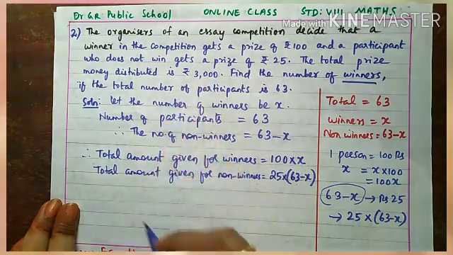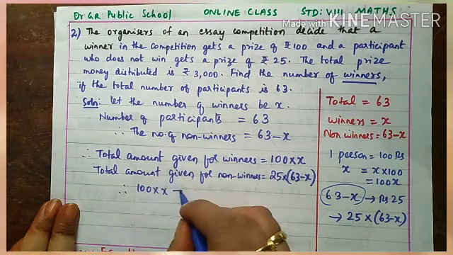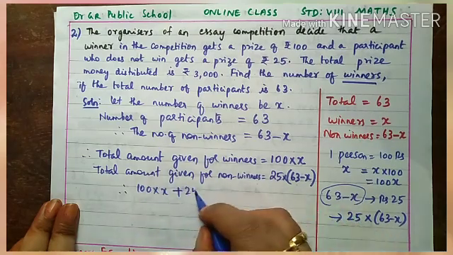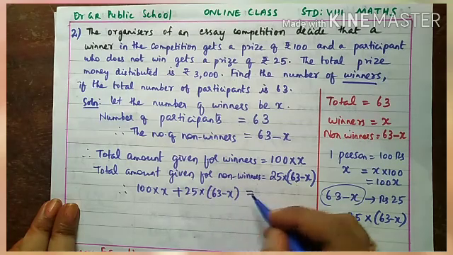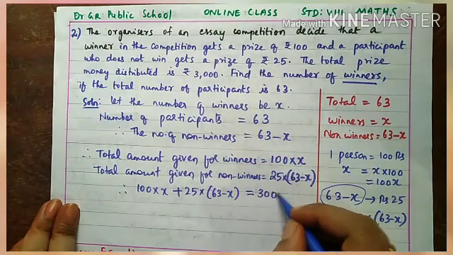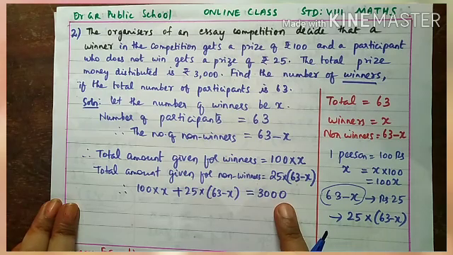Therefore 100 into x plus 25 into 63 minus x equals the total 3000. Understood, children? Both winners and non-winners, the distributed money is 3000. So this is the required linear equation that we need.